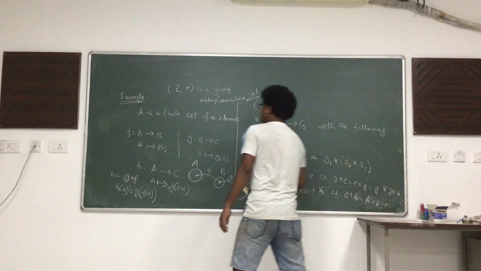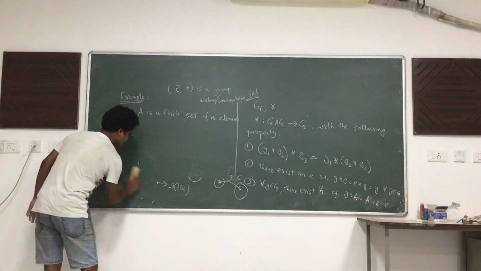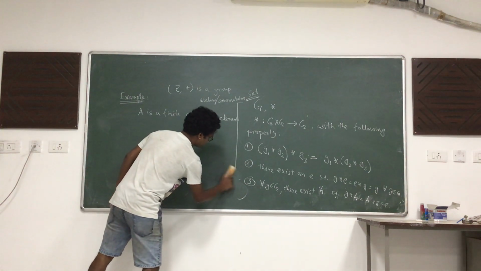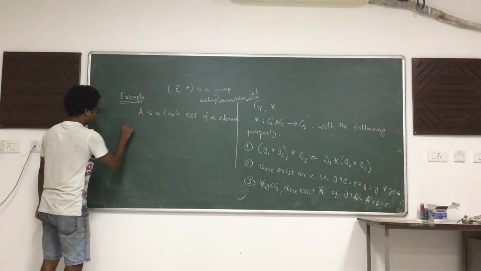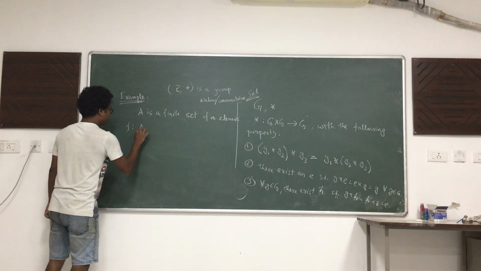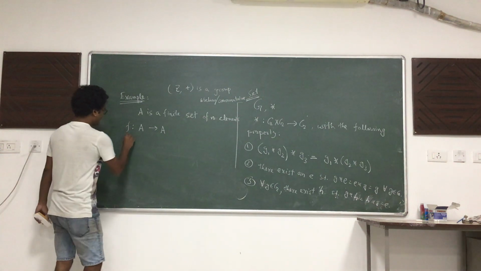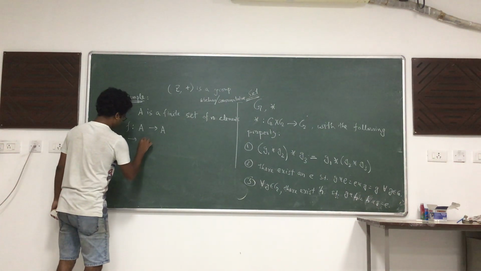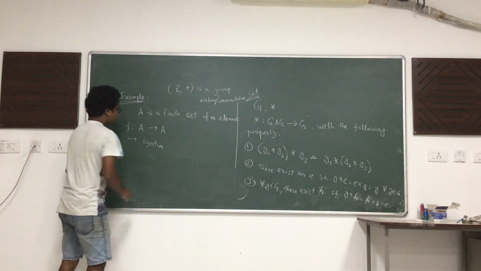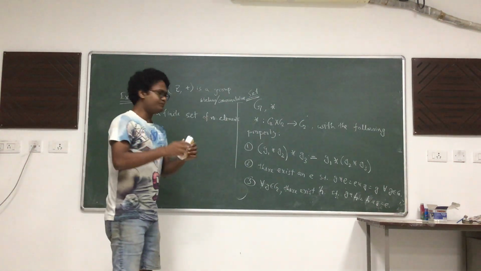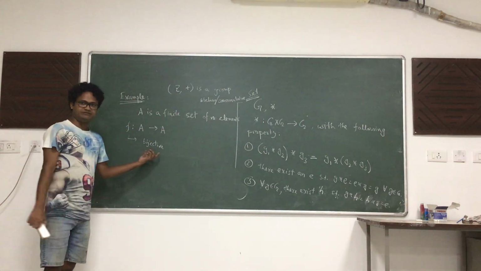Now, I can always get a function from A to A. There are many functions, and let us say this F is bijective. How can I get that? We just permute the elements of the set, then it will be a bijection.